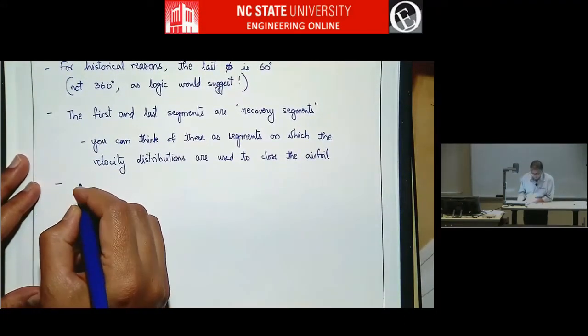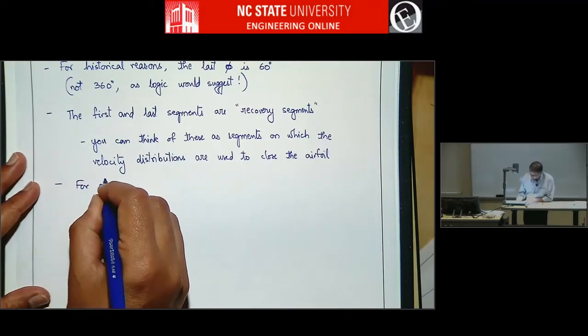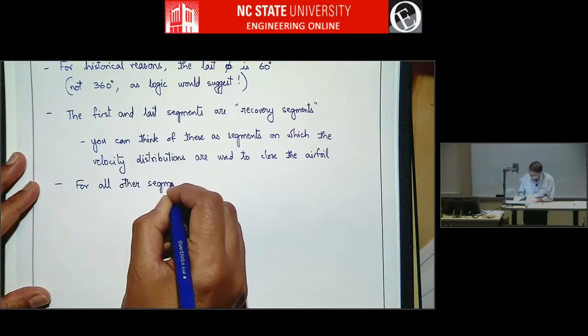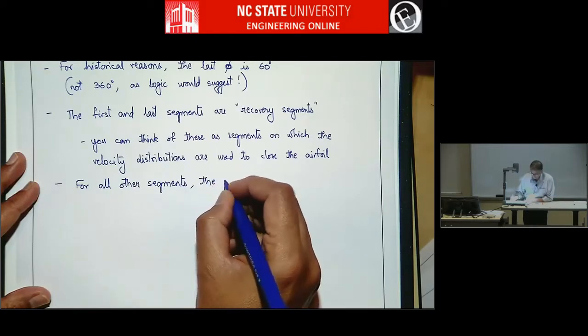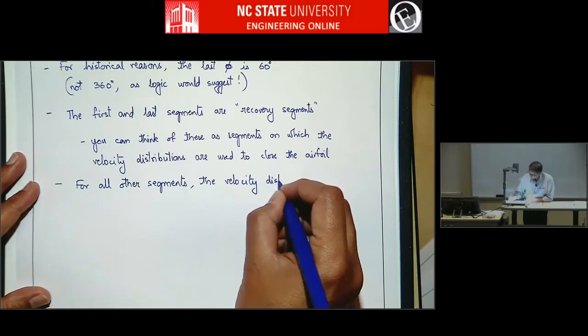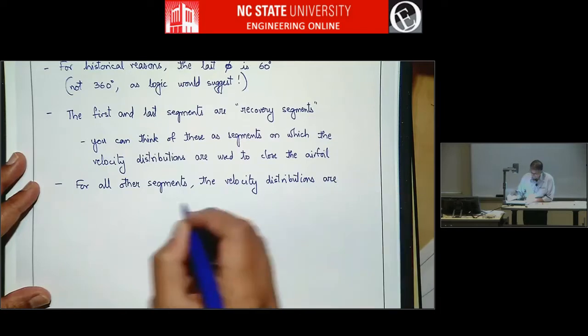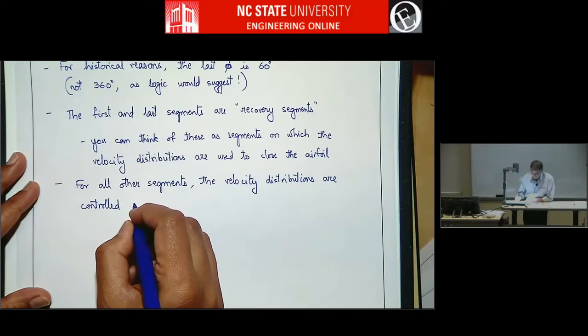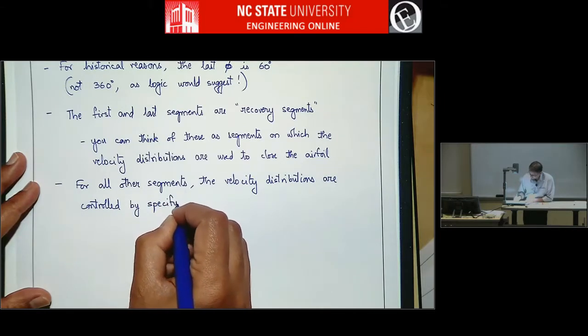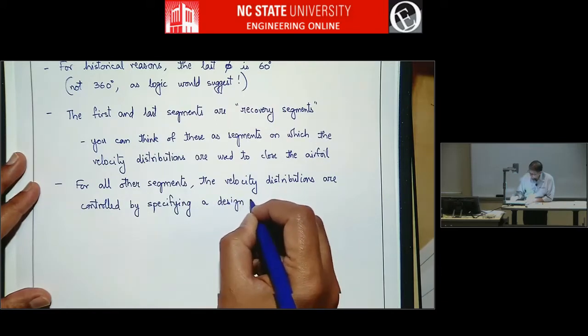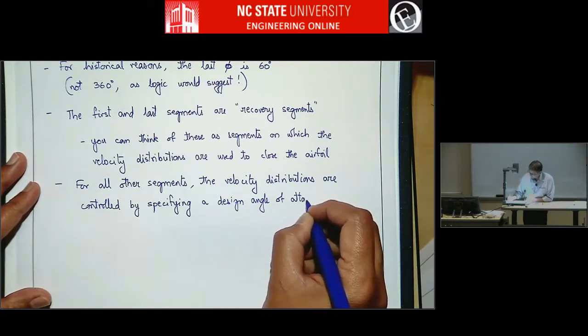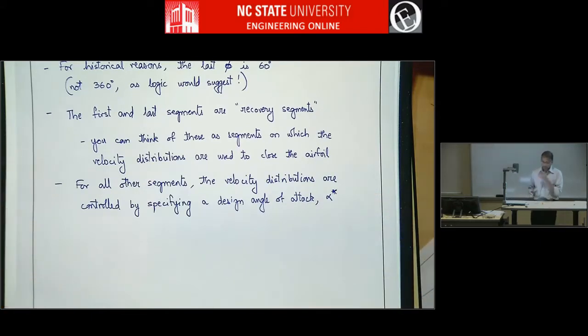But for every other segment, you can specify the velocity distribution, or you can control the velocity distribution by specifying this thing called a design angle of attack, alpha star.